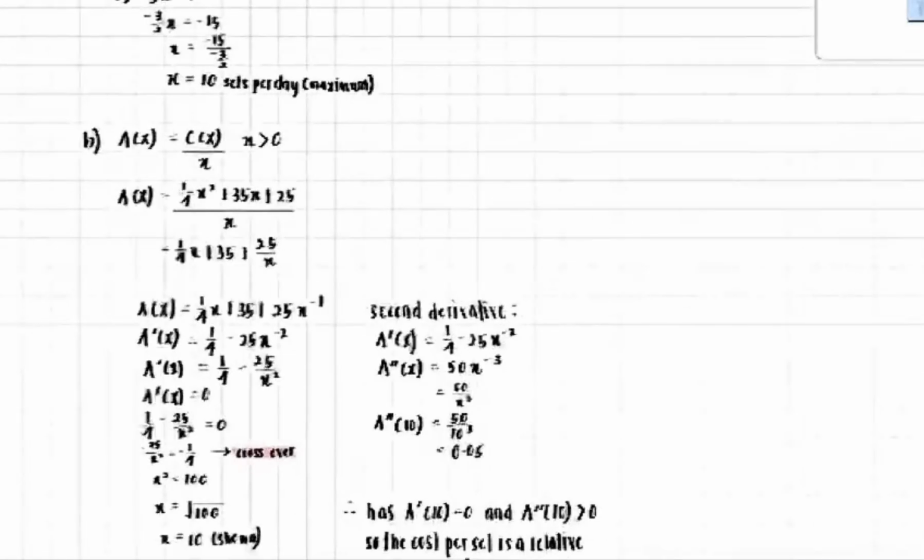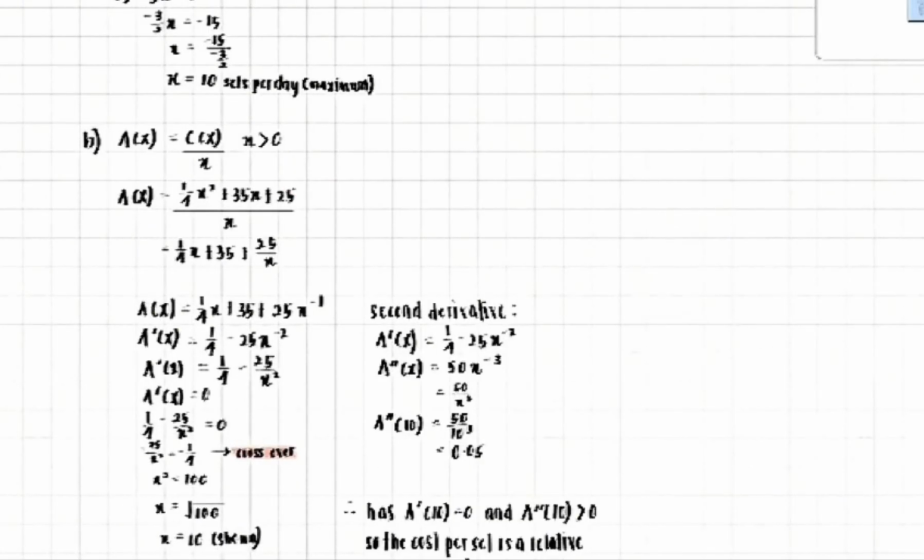The average cost is given by A(x) equal to C(x) over x, for x more than 10. So the equation is A(x) equal to 1 over 4 x squared plus 35x plus 25 over x.